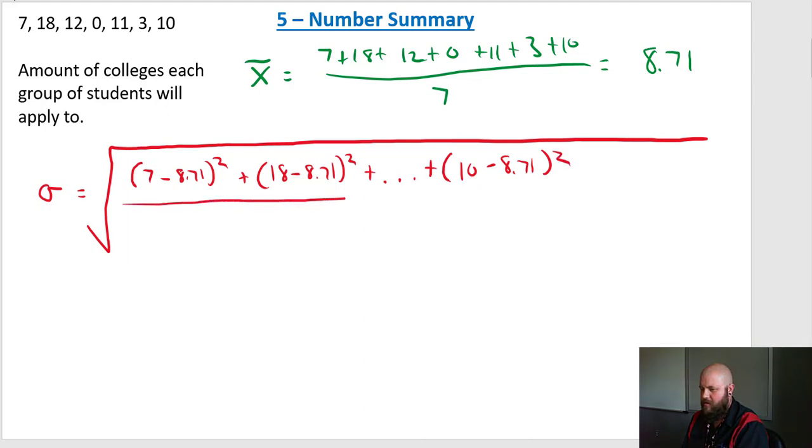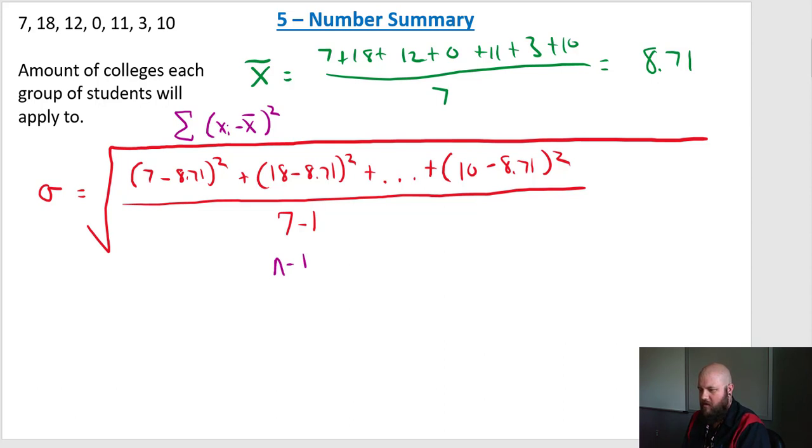All this is over 7 minus 1. Okay? Because remember, this value on the bottom here is n minus 1, and up top here, that's your sigma, your x initial minus your x bar, your mean, all squared. It's the sum of all those values in there.